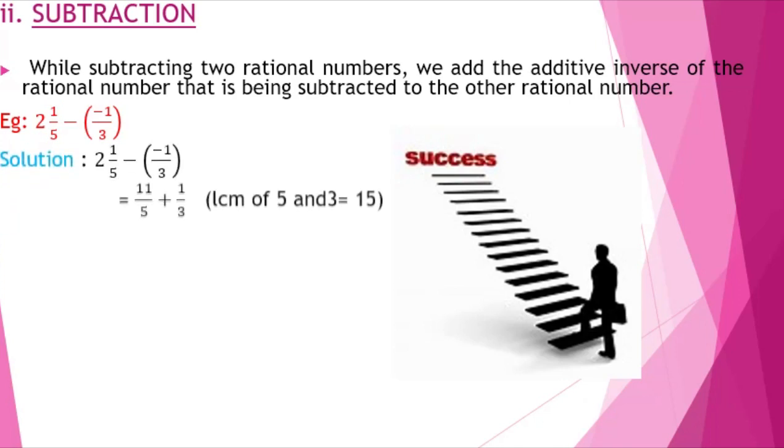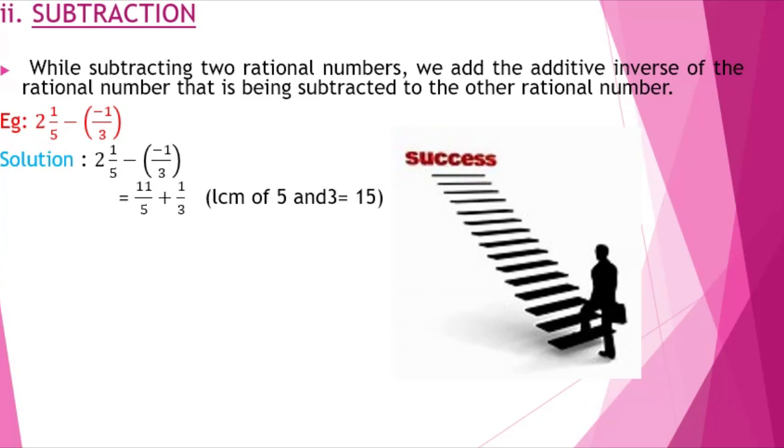So we get 11 upon 5. The sign of subtraction we changed to addition. So the next number should be changed with the sign. That is minus 1 by 3. We have to write the additive inverse. So we are getting 1 by 3. Now just like fractions addition, you can do the addition.